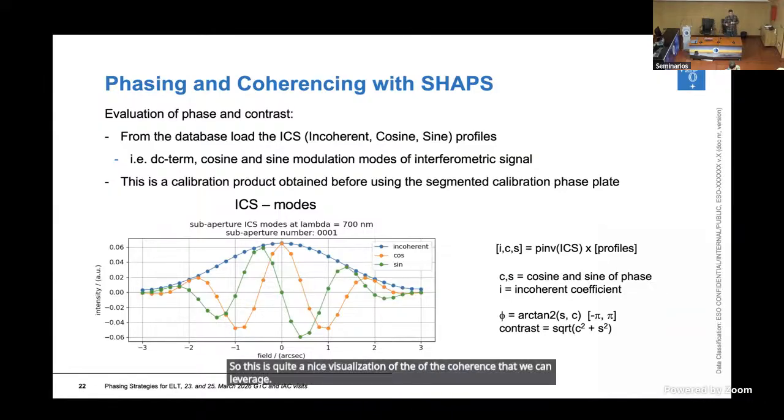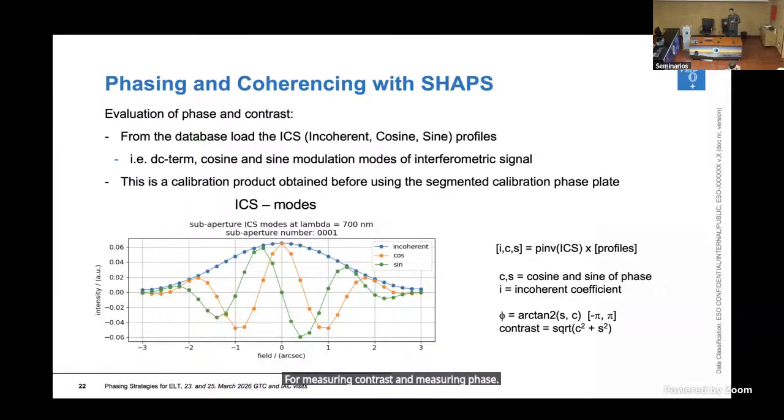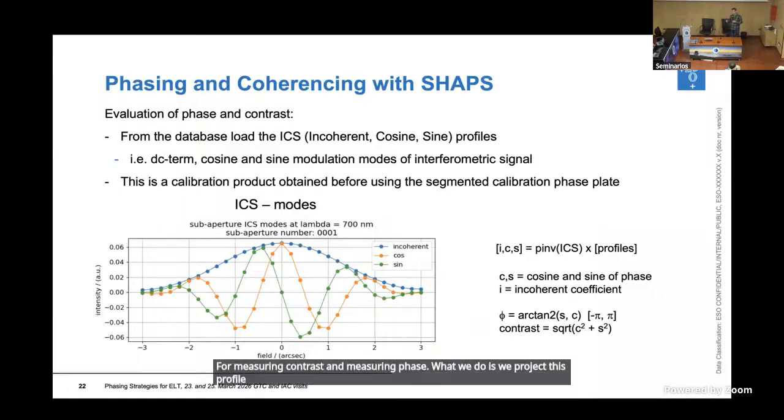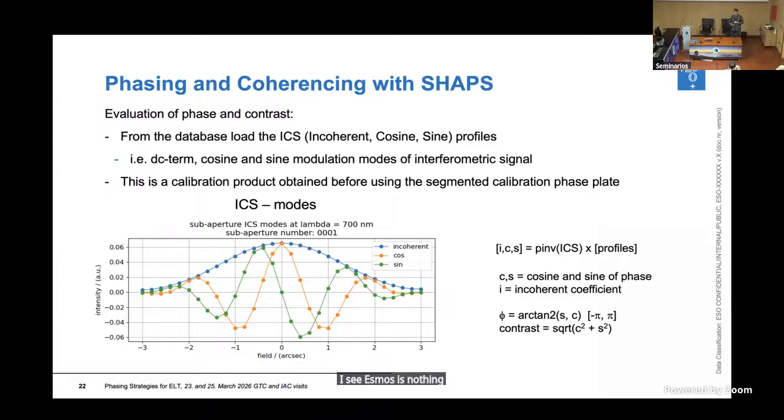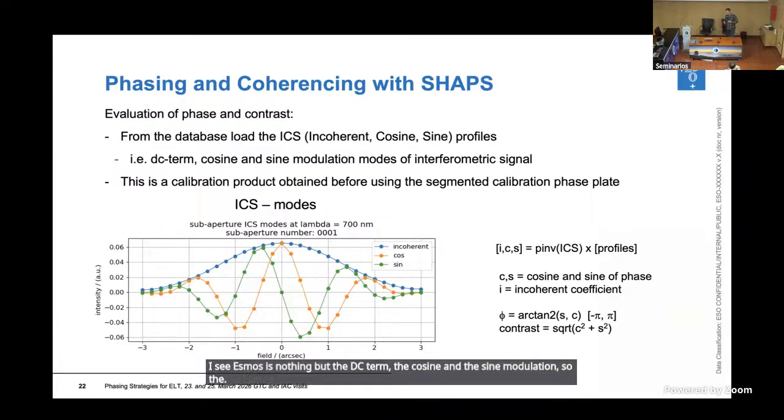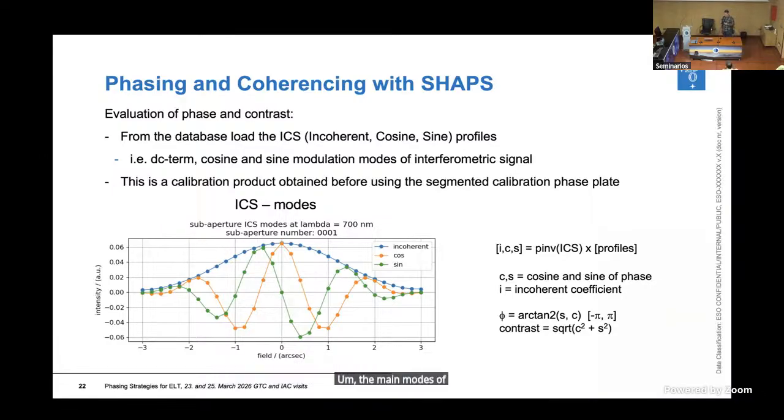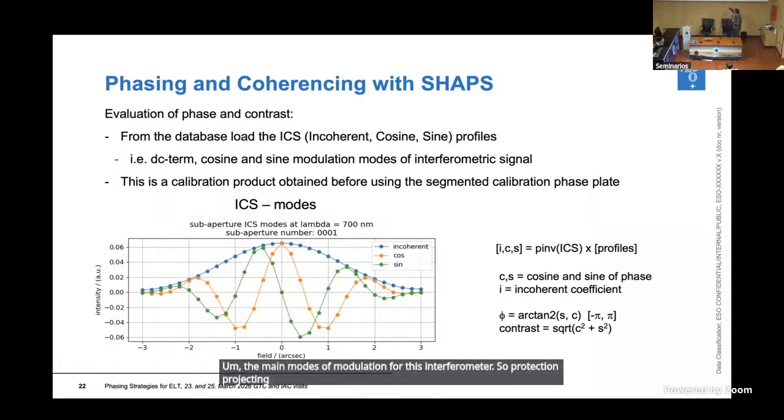For measuring contrast and phase, we project this profile onto a library. For all subapertures, we have a library of what we call ICS modes. ICS modes are nothing but the DC term and the cosine and sine modulation, the main modes of modulation for this interferometer. Projecting onto these gives you the ICS coefficients.